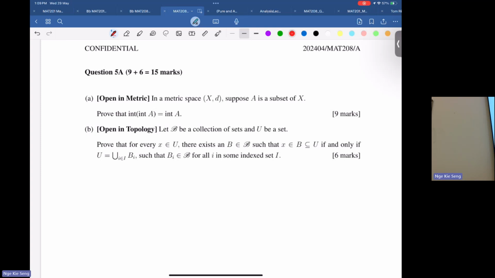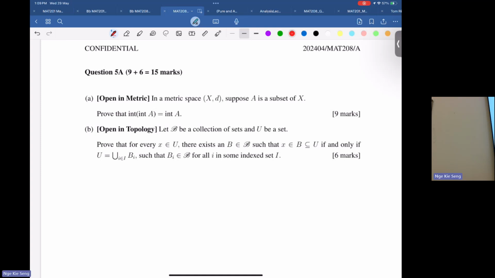When I set this question, I thought you would use the definition of interior, just proof by definition. But I know that some of you used that you know int A is open.